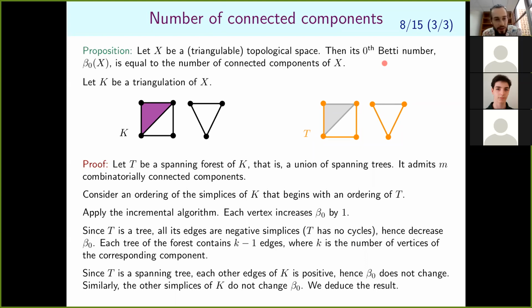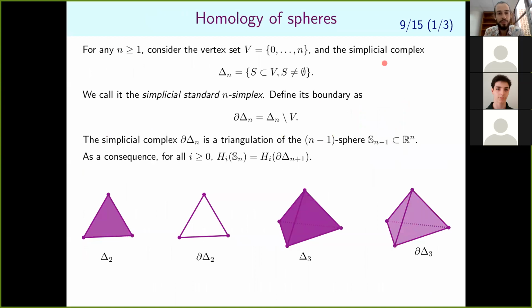Okay. There is something else I want to show you. Thanks to the algorithm, we can compute the homology of the spheres. And this is very important. First, I have to triangulate the sphere. I give you here the optimal way of triangulating the sphere.